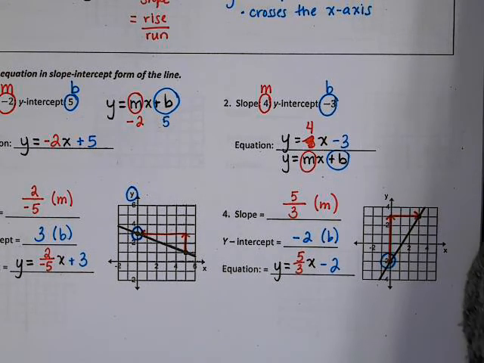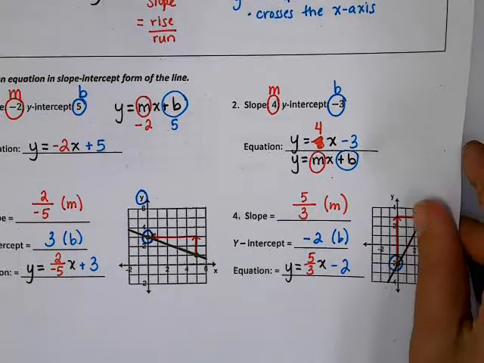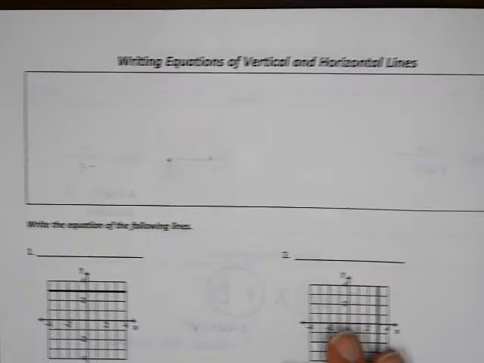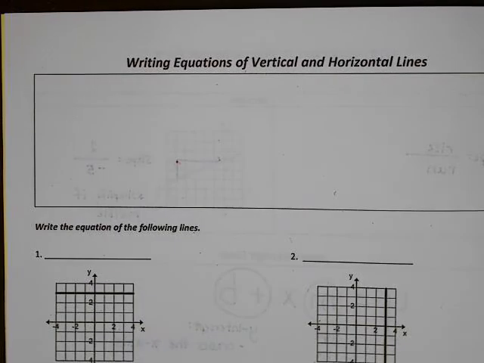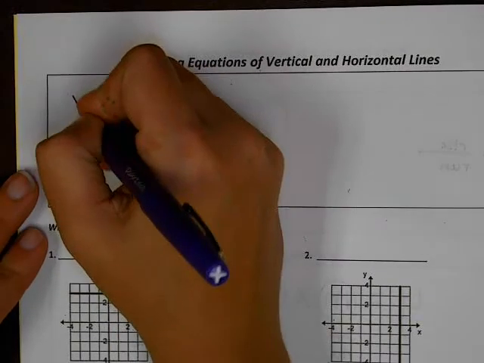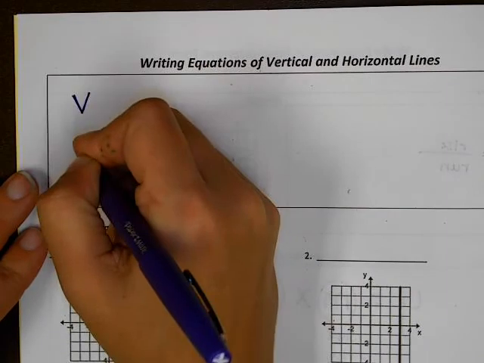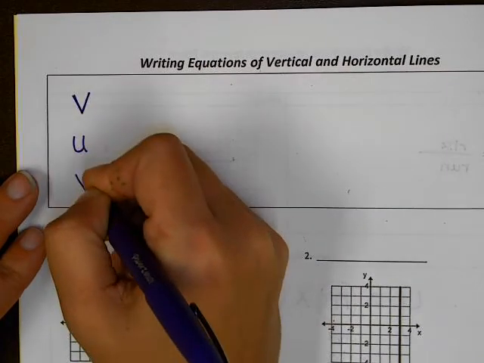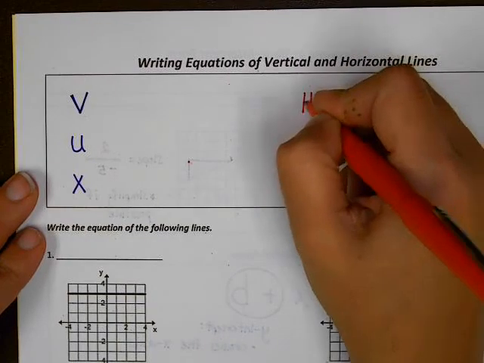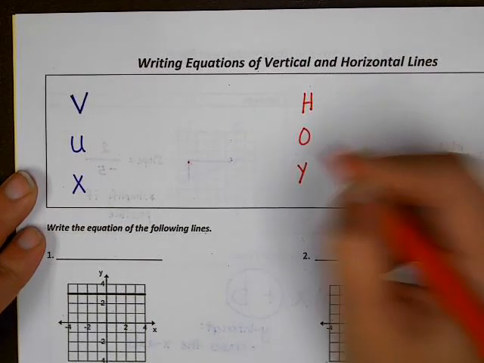On the next page, we're going to talk about one more thing, and that one more thing is equations of vertical and horizontal lines. I want to remind you of our acronym VUX HOY. If you remember, earlier this year we talked about VUX and HOY.